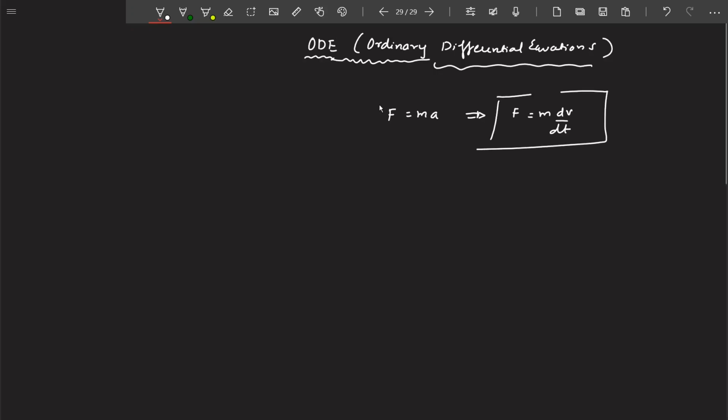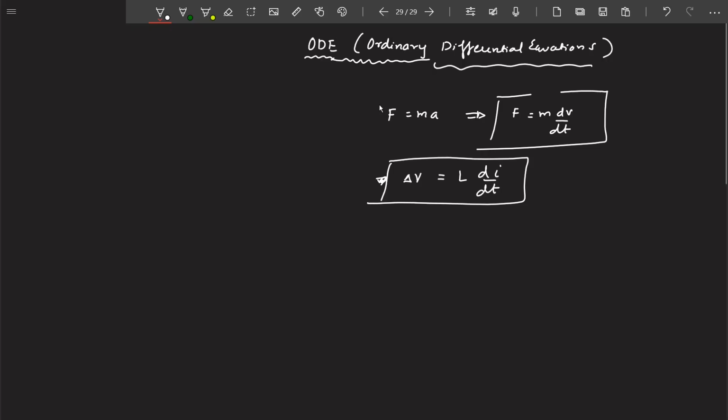Another equation which I can recall at this moment is Faraday's law. So this is also a differential equation. Whenever you find equations which consist of derivatives, those equations are known as differential equations.